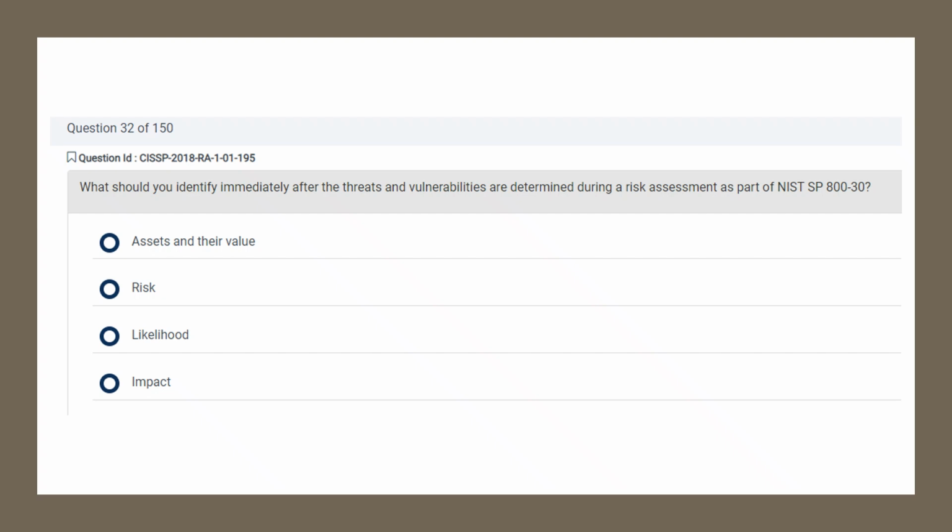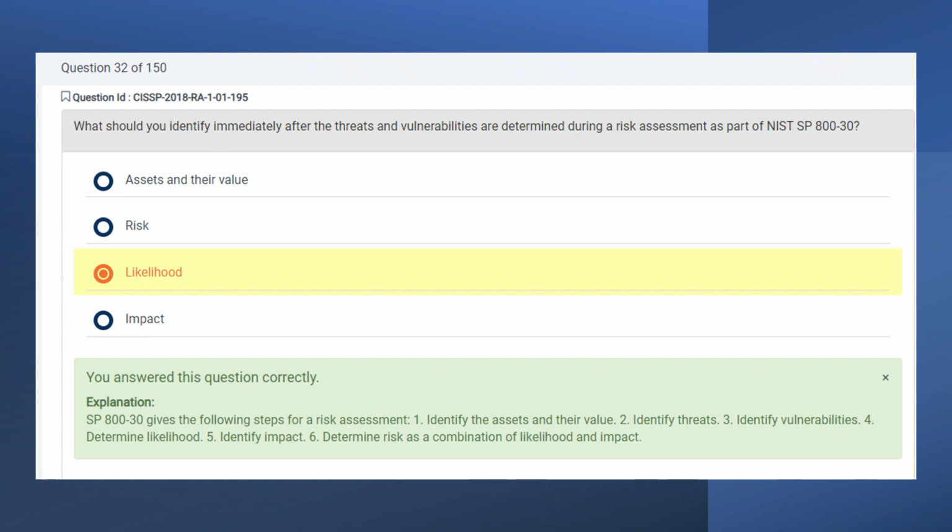Question 32. What should you identify immediately after the threats and vulnerabilities are determined during a risk assessment as part of NIST SP 800-30? A. Assets and their value. B. Risk. C. Likelihood. Or D. Impact. The correct answer is C. Likelihood. SP 800-30 gives the following steps for risk management. 1.